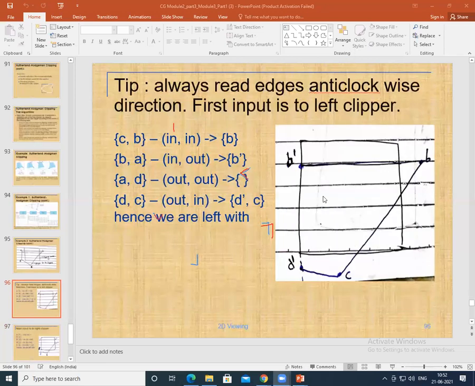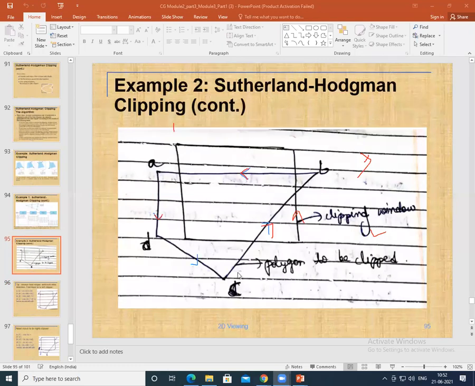So when you clip from the left side, as I said, again the direction of movement is in this way, right? So now you can analyze what is being done over here. See, we have AD, DC, CB, and BA.